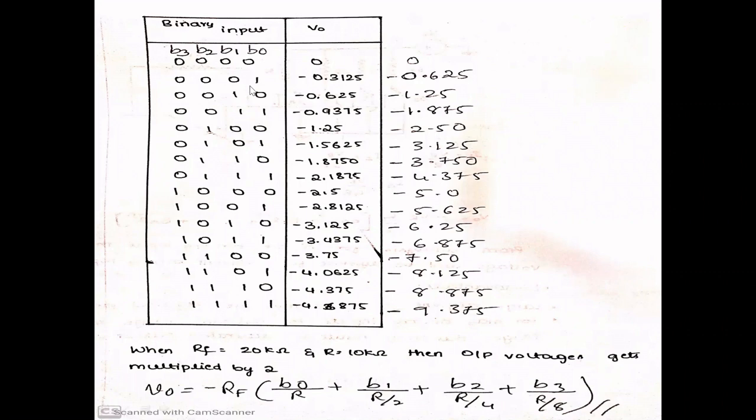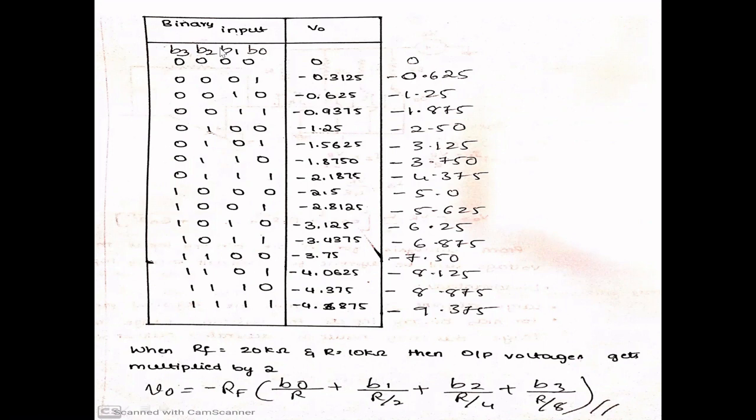So when B0 is high, and your values are RF 20 kilo ohm, R 10 kilo ohm, with reference voltage 5 volts, you will obtain an output voltage of minus 0.625.